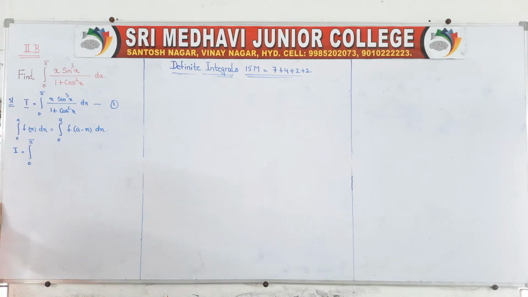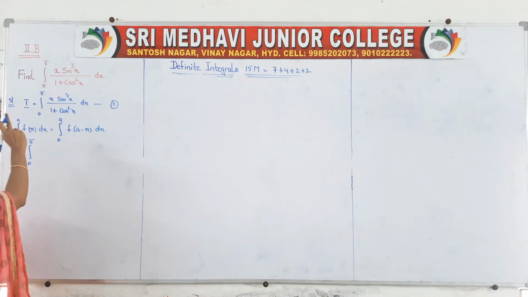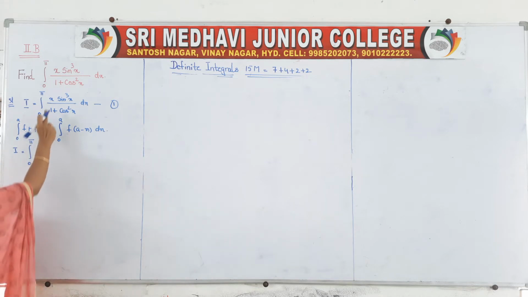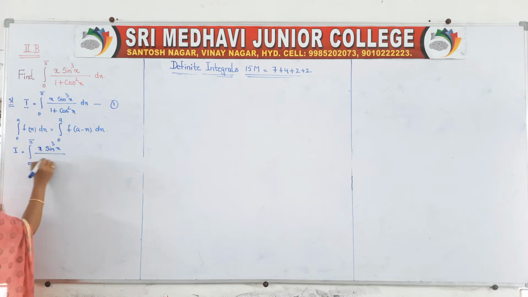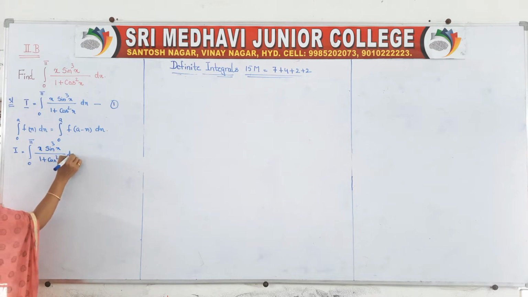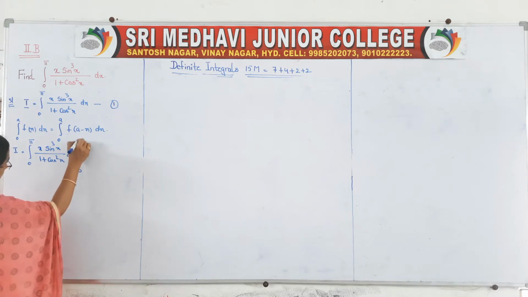So I is equal to 0 to pi. Wherever x is there we have to take the a minus x form. Here in place of a we are having pi, so we have to take pi minus x. First we will write the question, then we will substitute in x place. So 1 plus cos square x dx is equal to 0 to pi.